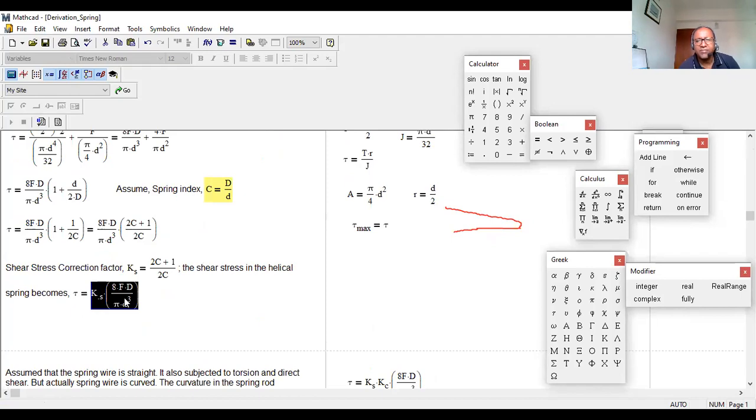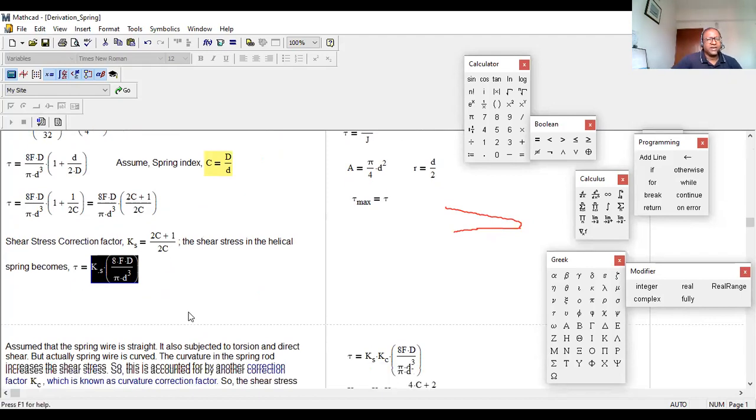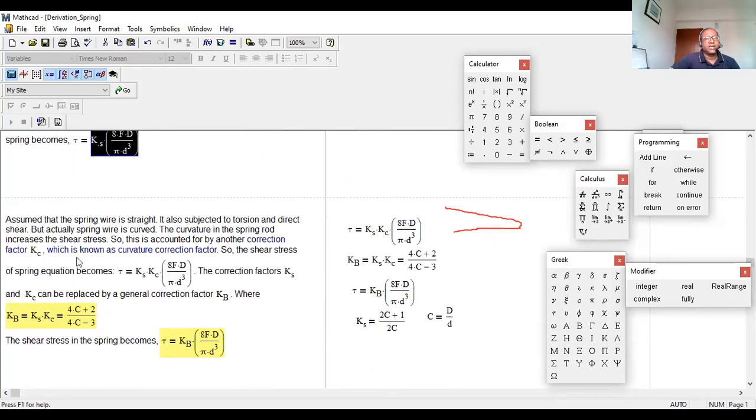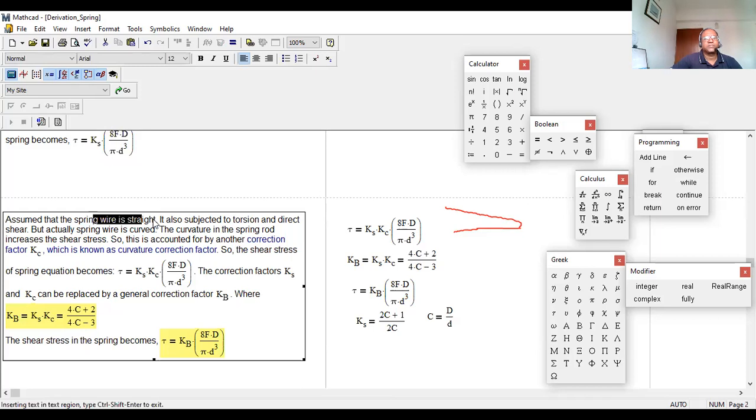So we need a correction factor. Assume that the spring wire is straight. It is also subject to torsion and direct shear. But actually, the spring wire is curved. The curvature in the spring rod increases the shear stress.